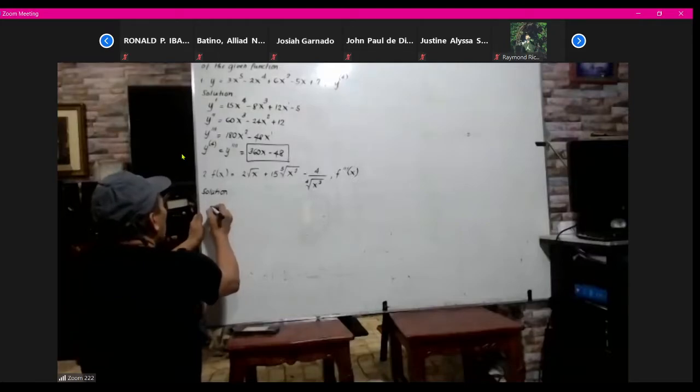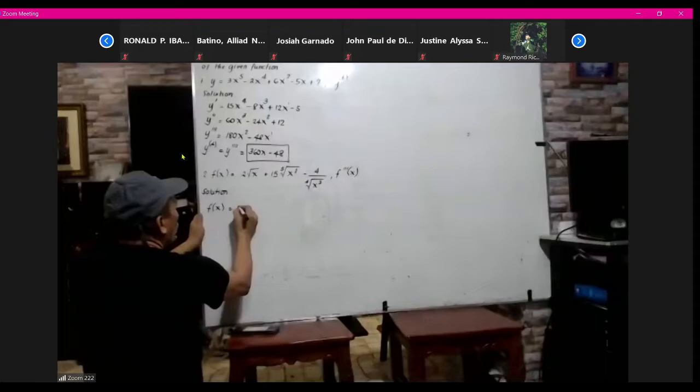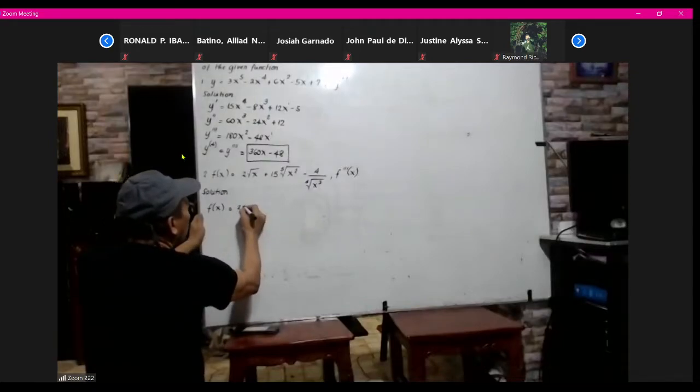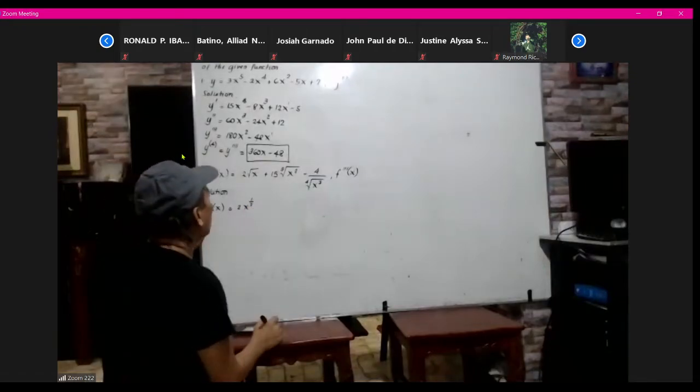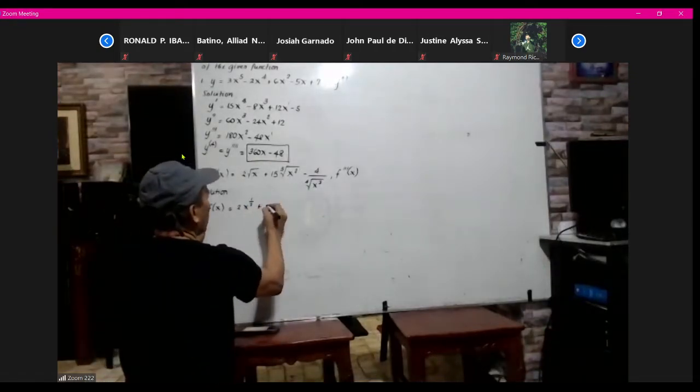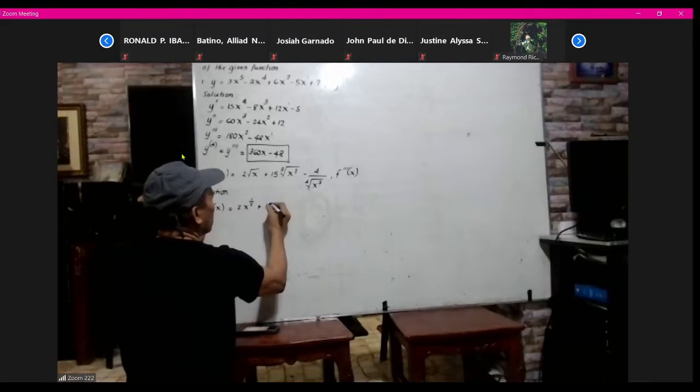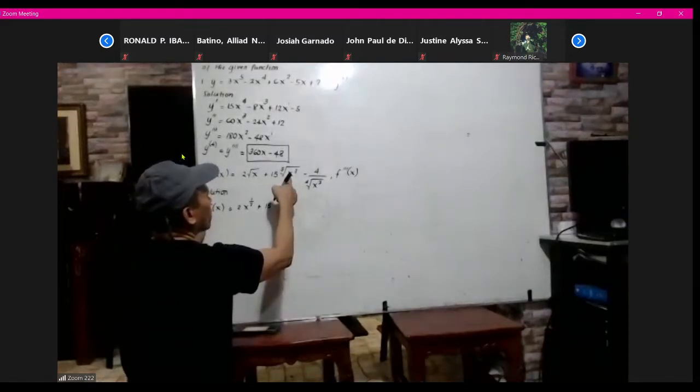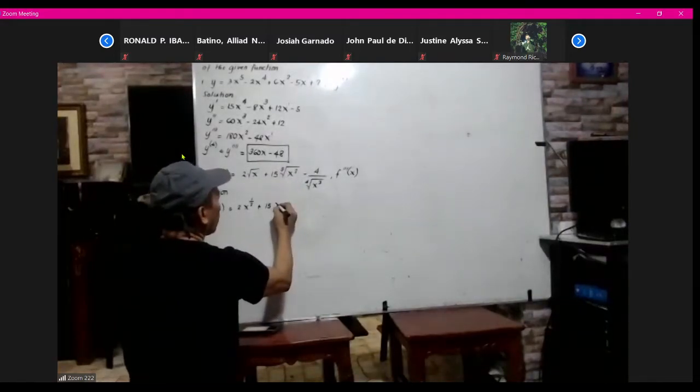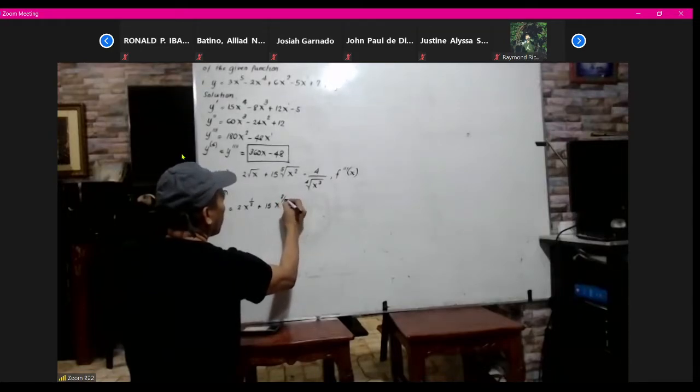So pwede natin isulat, function of x equals to, then square root of x is equal to x raised to 1/2. Ayan. Then, plus 15, then the fifth root of x squared is equal to x raised to 2 over 5. Ayan.